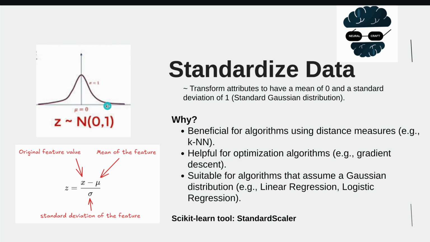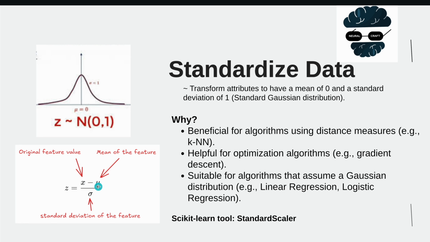So we will get this bell-shaped curve, which is nothing but this Gaussian curve, having zero mean and unit variance. The formula which is used for calculation is this. Here x represents the original value of the feature, and mu represents the mean value of the feature.